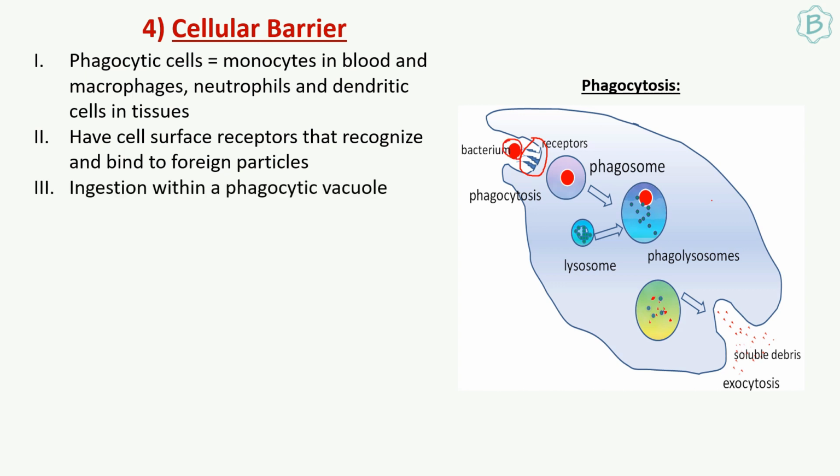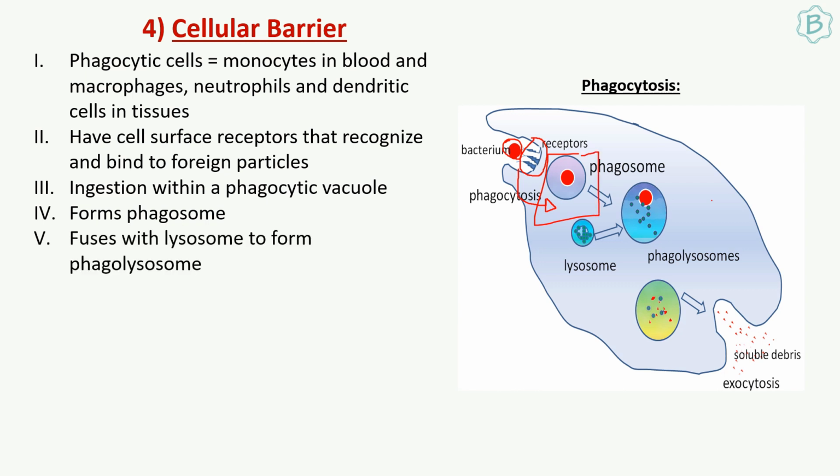Once the binding between the bacteria and the receptor has taken place, the receptor will induce the internalization of the bacteria into the phagocytic cell. Together, the bacteria and the membrane from your phagocytic cell form a complex known as a phagosome.